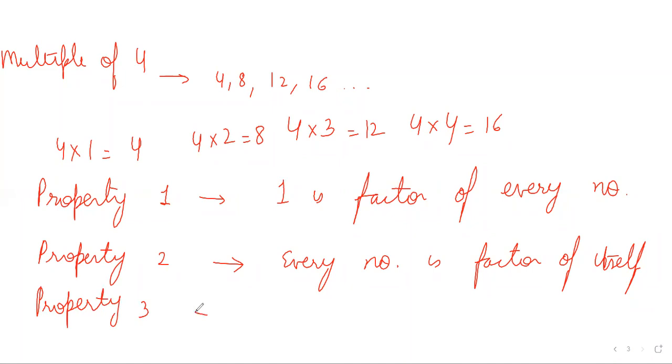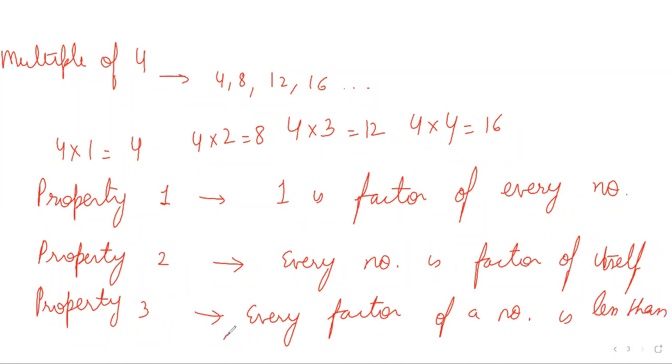So property number 3. Every factor of a number is less than or equal to the number. What does it mean?